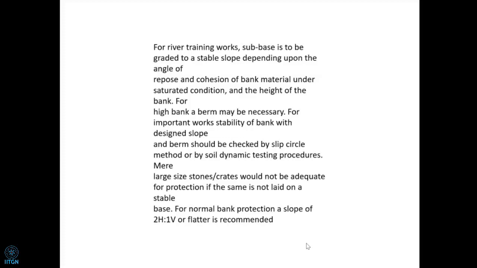Whenever we do slope protection work, like erosion control by vegetation application, another method, the first thing is we have to check whether the embankment of the slope is stable. Here also we have to check the river bank embankment is structurally stable by itself.